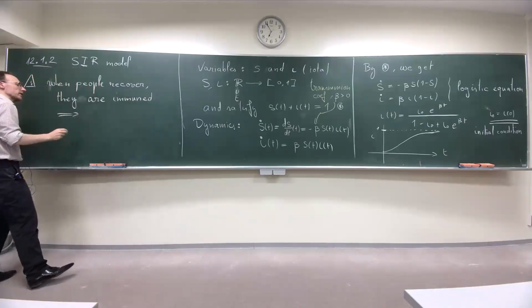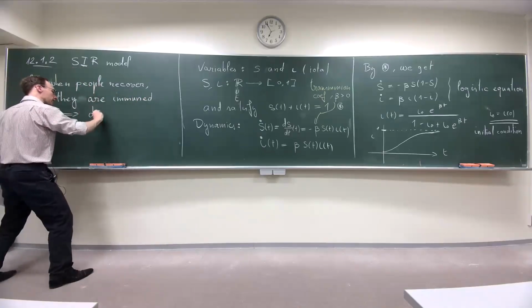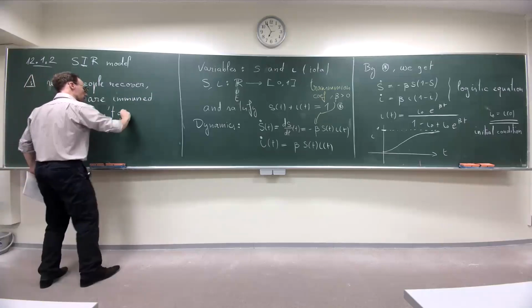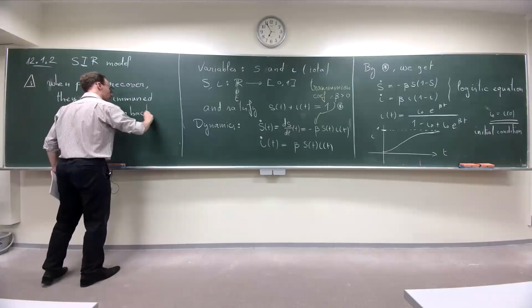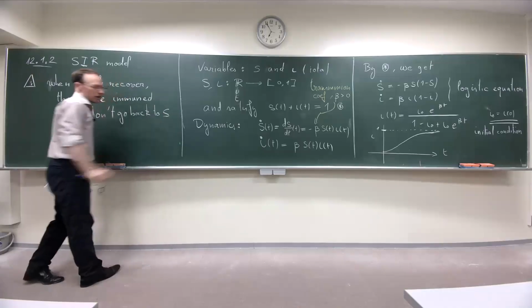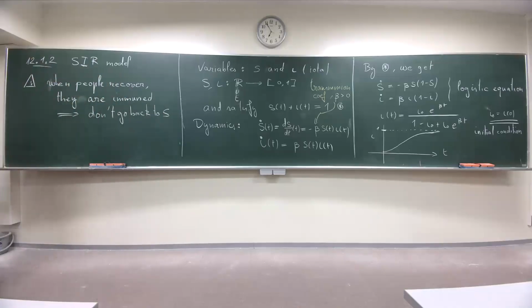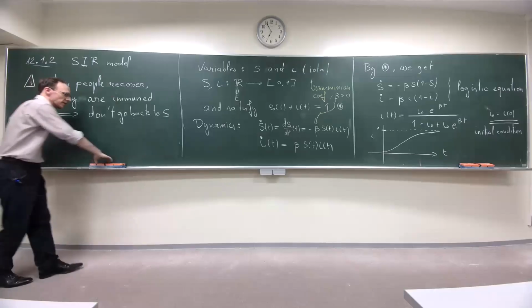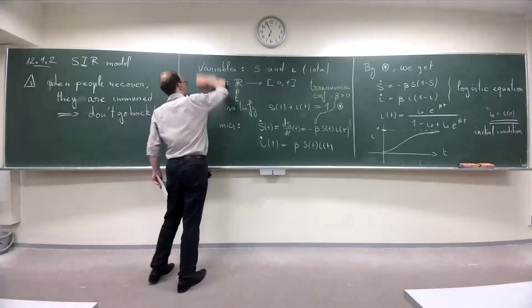It implies they don't go back to S. Of course, you can change this assumption. You can say they're immune for a certain period of time, and then they go back to S. This is also possible, but the simplest case is when you are immune forever. And for some diseases, this is essentially correct.